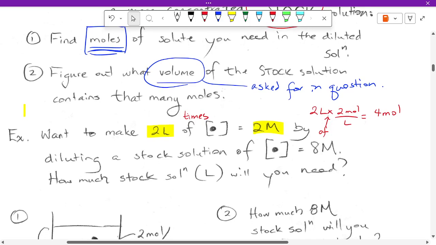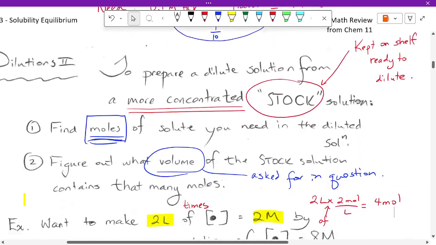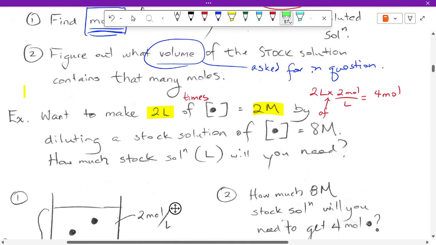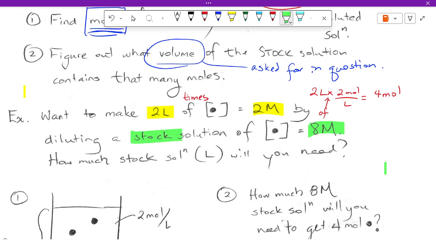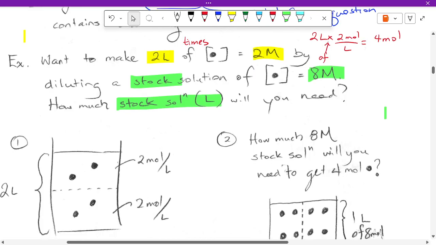What are we starting with? We're starting with 8 molar solution. That is our stock. How many liters of stock solution do we need? Well, we already know that we need 4 moles, but let's just walk through this for a second, just visually.